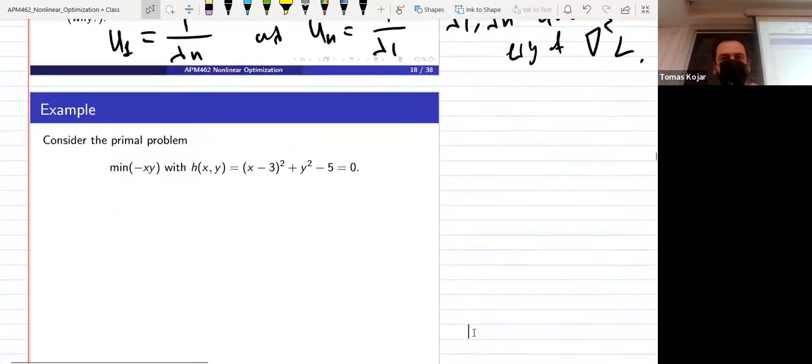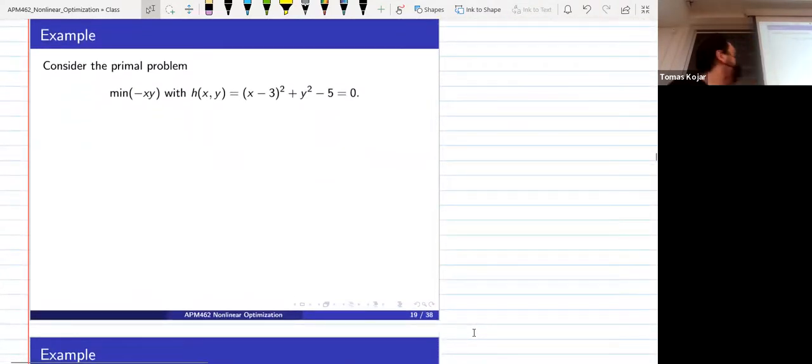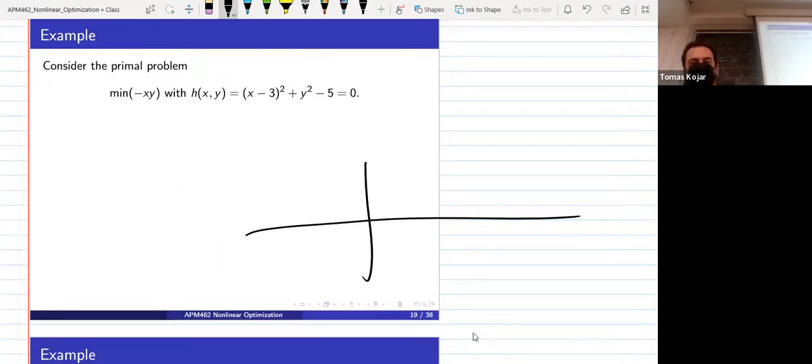All right. Now let's do a nice example. This is the primal problem, and you have a single constraint. Any ideas what this constraint looks like? You can eyeball it. Centered around what? Is the radius 5? Yeah, that's right, because when you put 0, you get... Who wins?